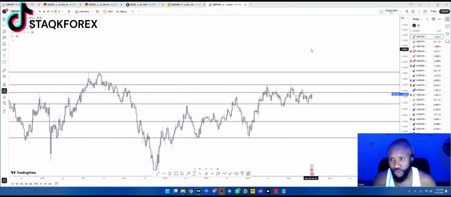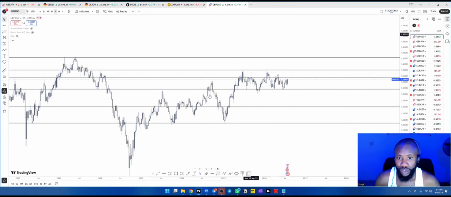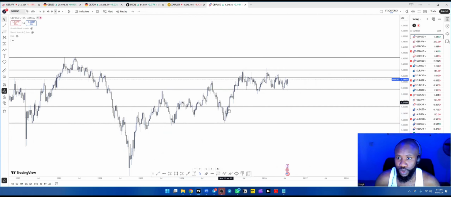As you can see, we have this trend, showing that we are still bullish on the GBPUSD despite this consolidation here on the weekly chart.